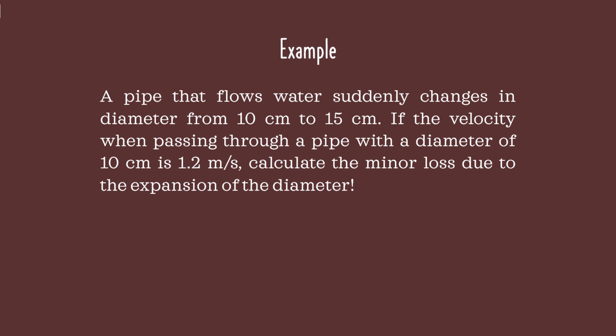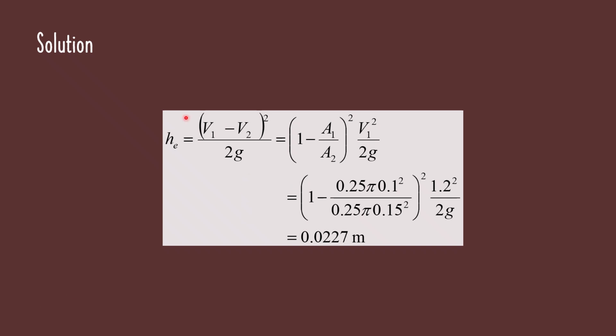The velocity in pipe 1 is 1.2, so calculate the minor loss. We can find the minor loss from the formula (V1 minus V2) square over 2g. So we have 0.0227 meter.